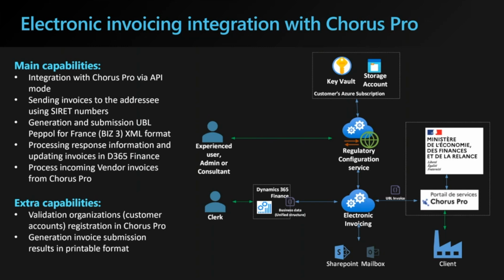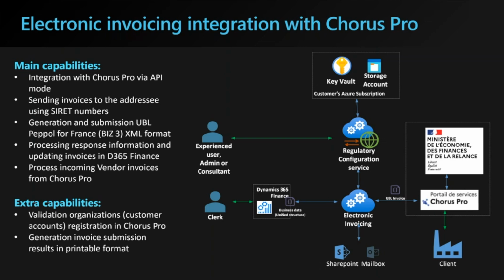For example, you can create your own format to be submitted to Chorus Pro, or you can introduce changes to the format that we provide, or you can add additional steps in the processing, like sending to a mailbox or saving the file to SharePoint.